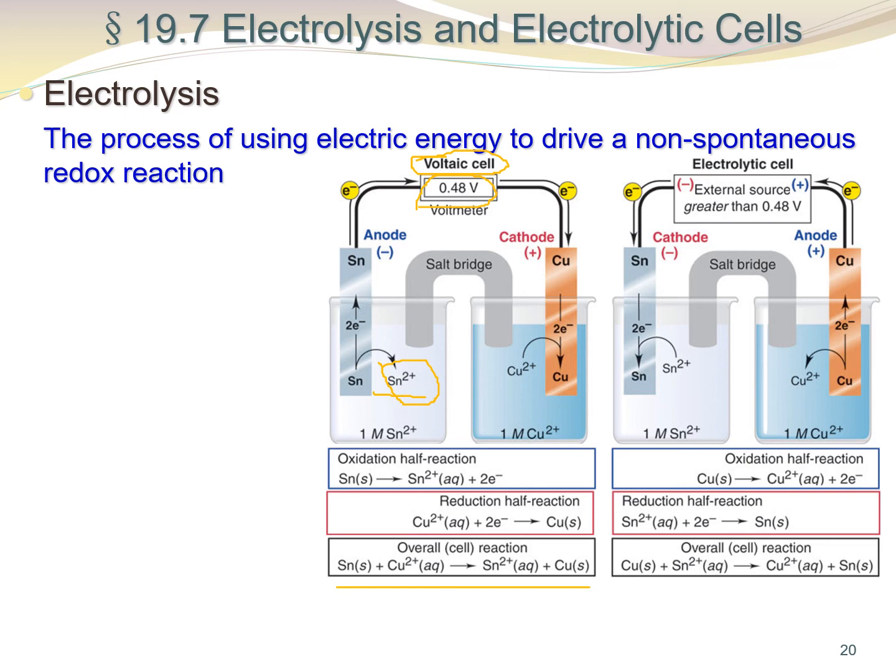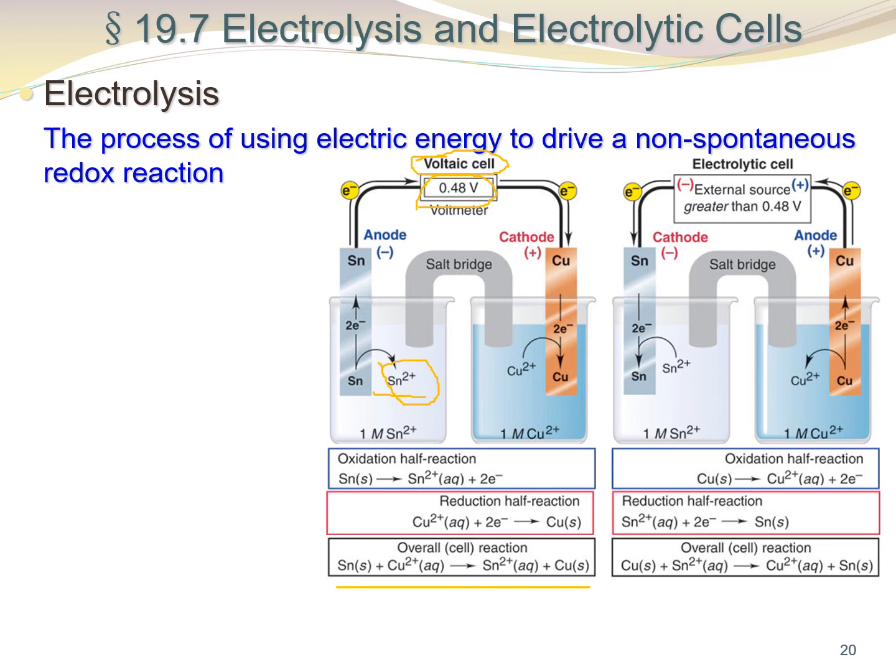So what we're going to do here is put a negative charge on the tin and positive on the copper. So we push electrons going backwards. If we push electrons going backwards, we reverse the reaction.